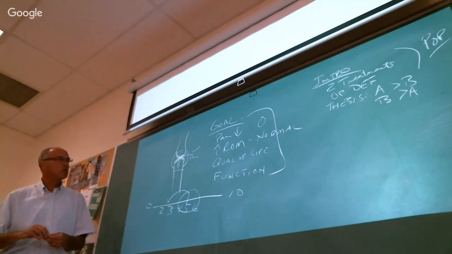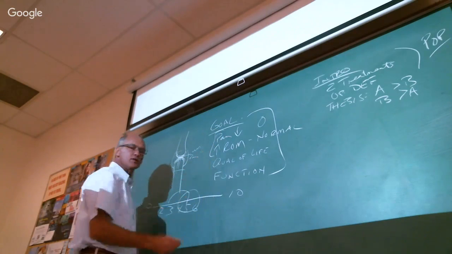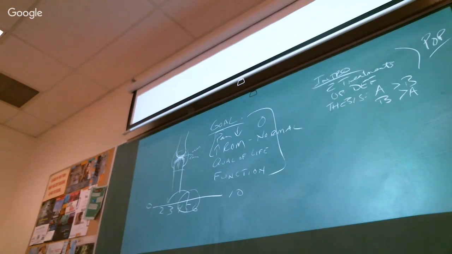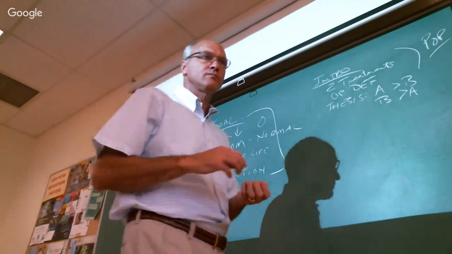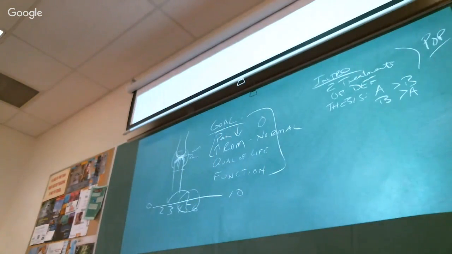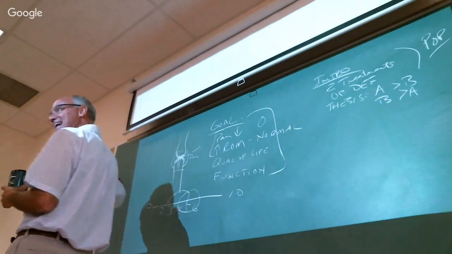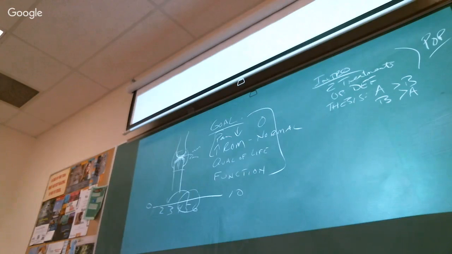So with these two, these are very quantitatively measured. We know what the numbers are. Even though pain may be qualitative in nature, we can quantitate it on a scale.